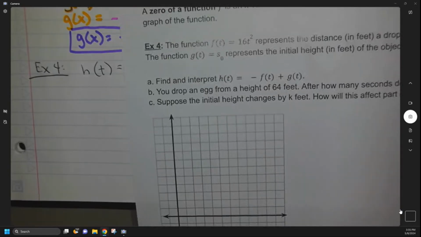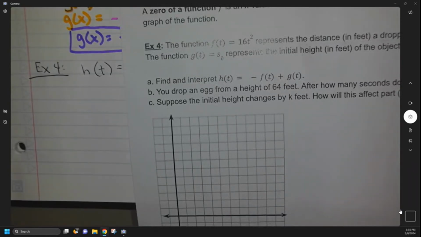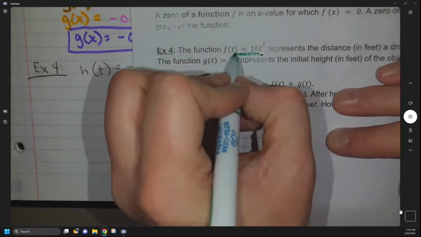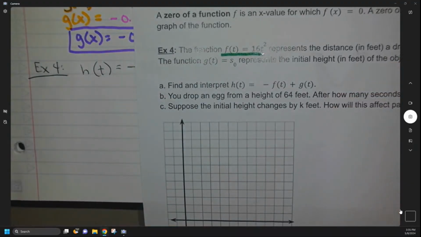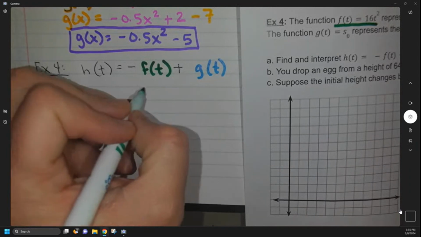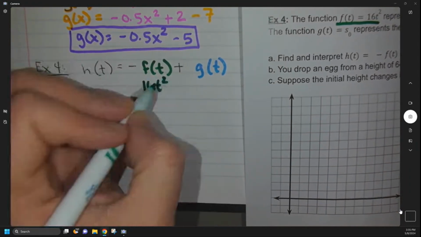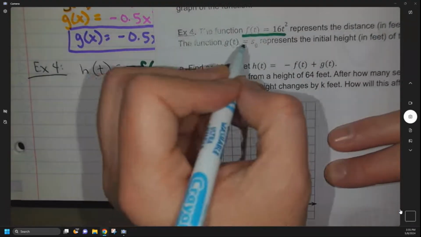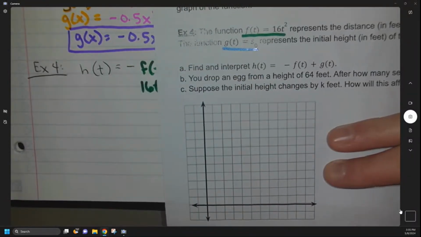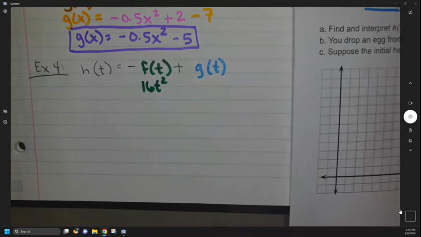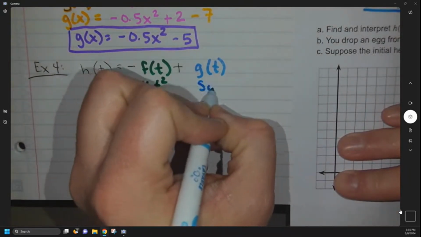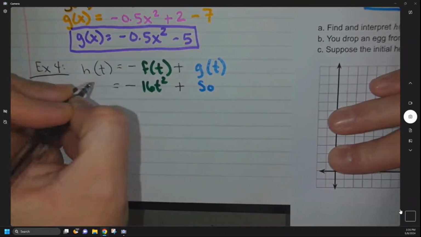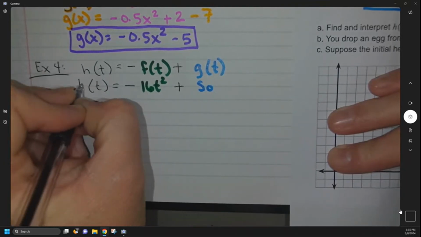So if I look back at this top, we've got our f of t. That's this part here, so that's 16t squared. That's going to go here: 16t squared. And then we notice that g of t is that s sub 0. So we're going to have plus that s sub 0. That is equal to our h of t.